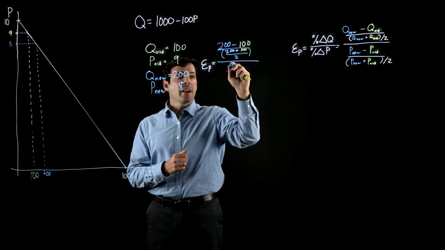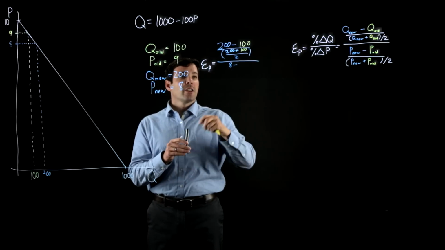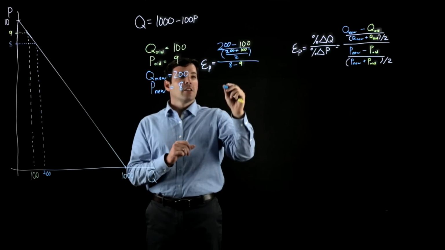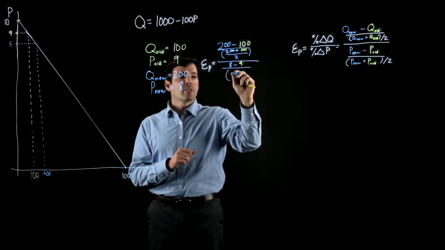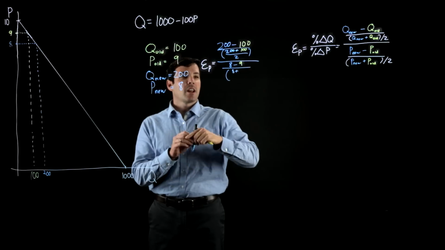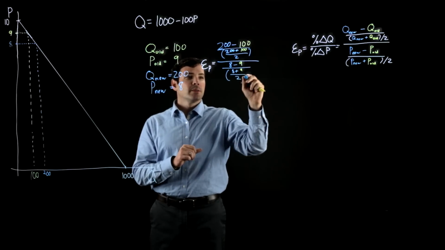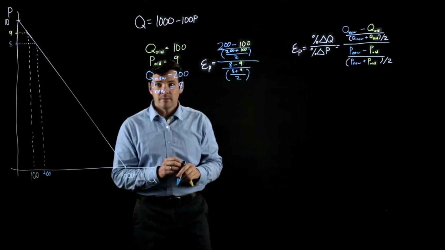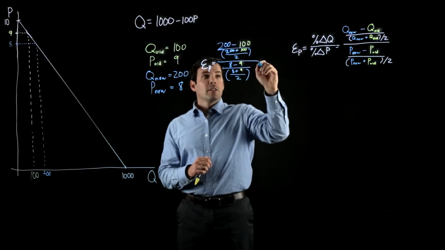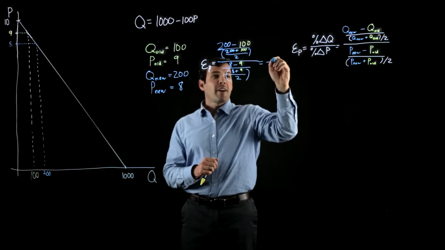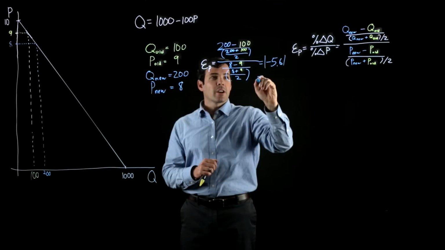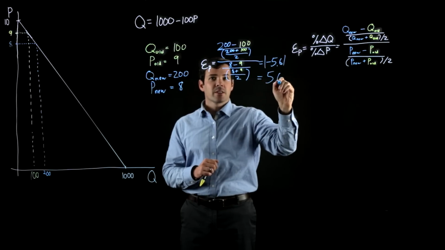The new price of 8 minus the old price of 9 over the average price, 8 plus 9 over 2. Now this works out to negative 5.6, but remember, we're going to use absolute values and call this 5.6.